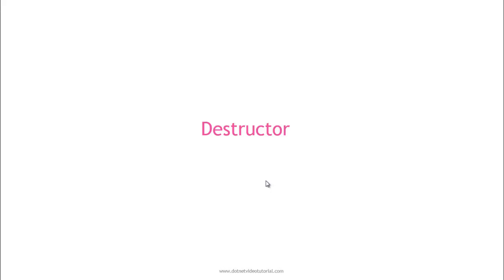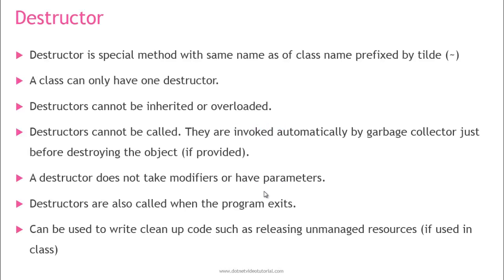And the last thing that I would like to discuss over here is the destructor. A destructor is a special method with the same name as the class but prefixed by the tilde operator. A class can only have one destructor. As we have seen, there can be multiple constructors, but a destructor can be only one.